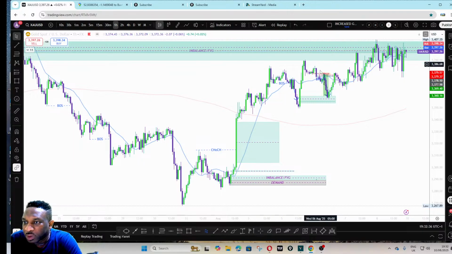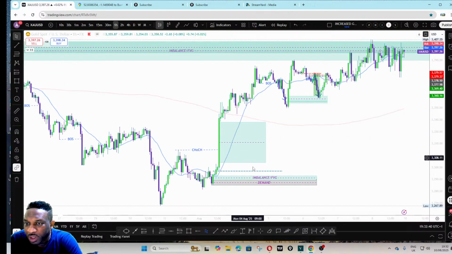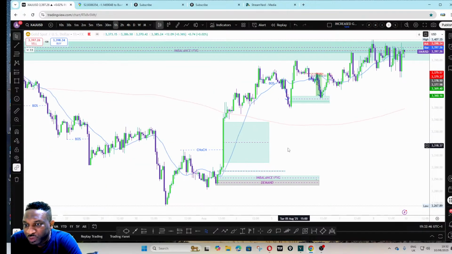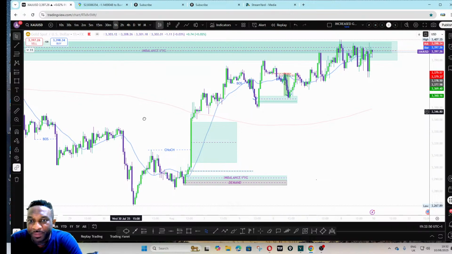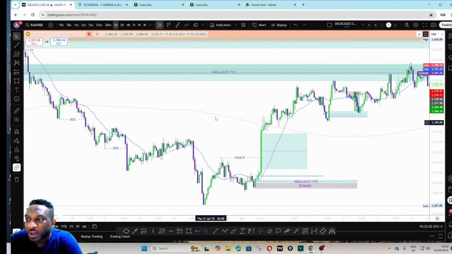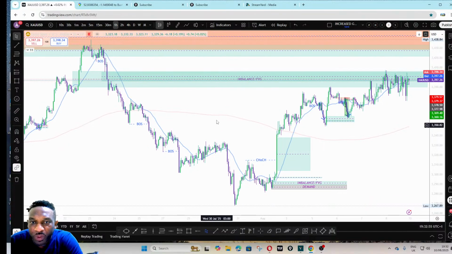These ones, we don't need them. Okay, so I'll leave these ones because these ones are pending. These are pending areas that we expect price to travel into. Okay, so this is what we have here on the 1 hour time frame.